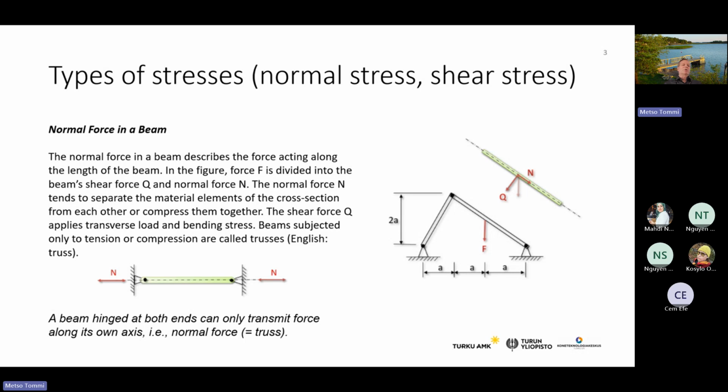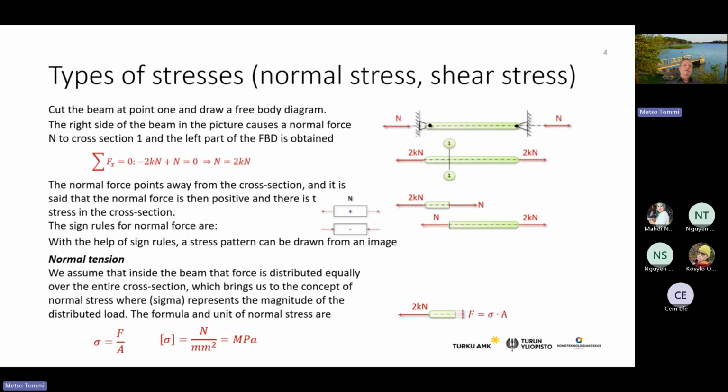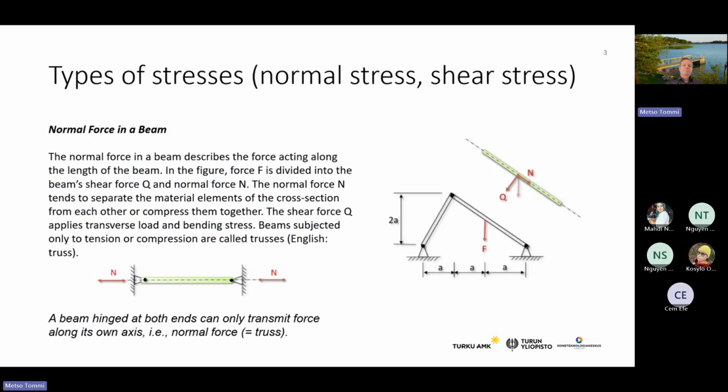You can also call this a truss construction. But if there is a force between those joints, then the force can be in any direction, not just along the axis.